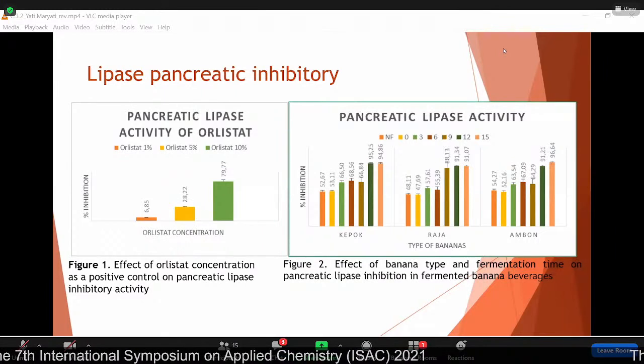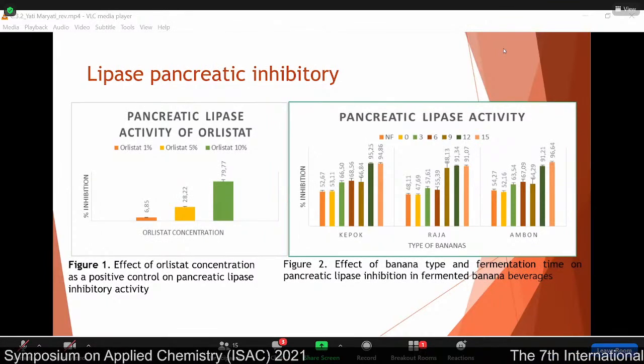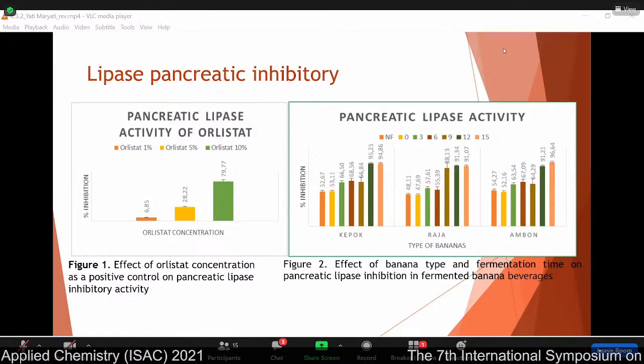The data generate the test result of lipase inhibitory activity at orlistat concentration of 1% to 10%, resulting in different lipase inhibitory activities. And in figure 2, we saw the effect of banana types and fermentation time on pancreatic lipase inhibition.